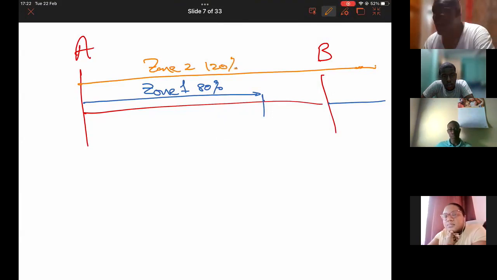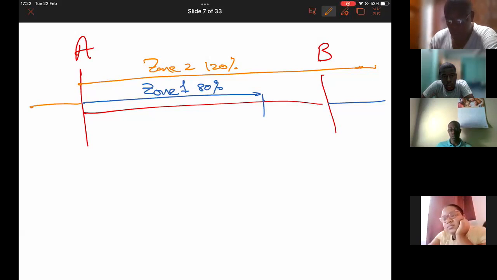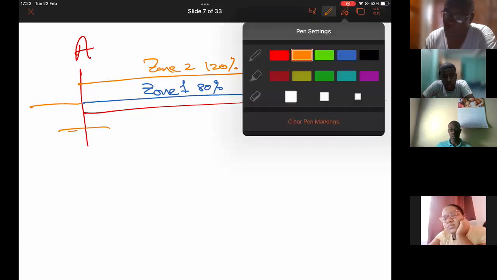And what we're going to be showing you is zone 3 having 10 to 20% behind. So you'll have the other line here, and then your zone 3. I'm just going to put it at the bottom here.